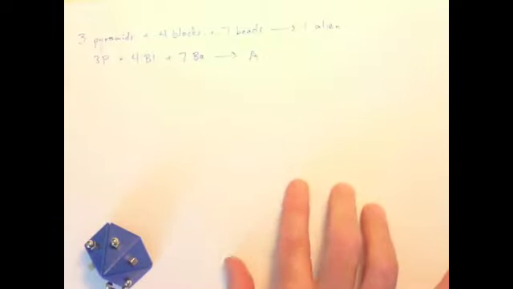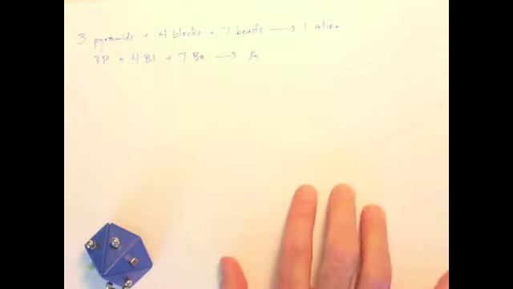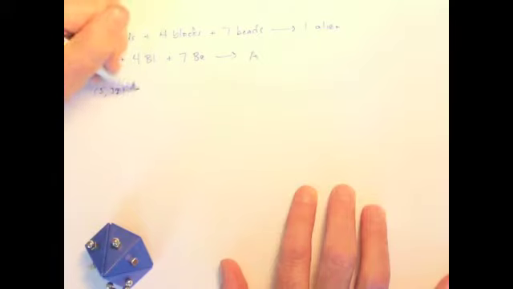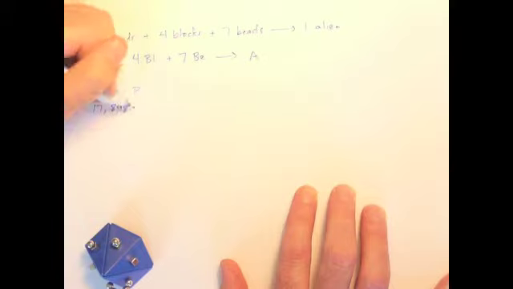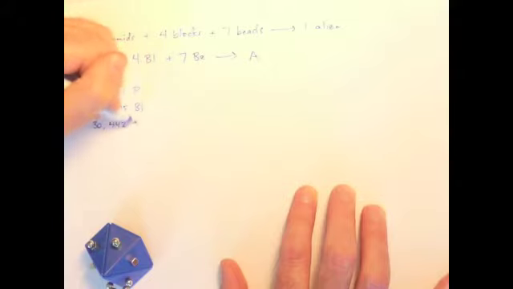Okay, so we have what looks like a chemical equation here, and let's say that we have a pilot plant. We're setting up to make aliens, and in our pilot plant we have 15,321 pyramids, and we have 17,895 blocks, and we have 30,442 beads.